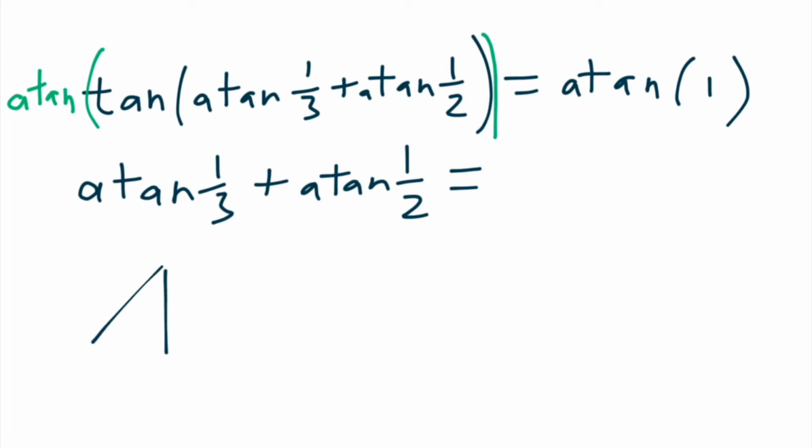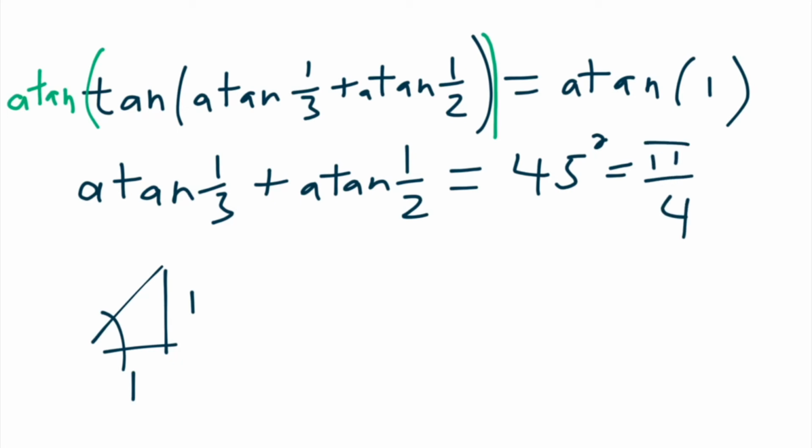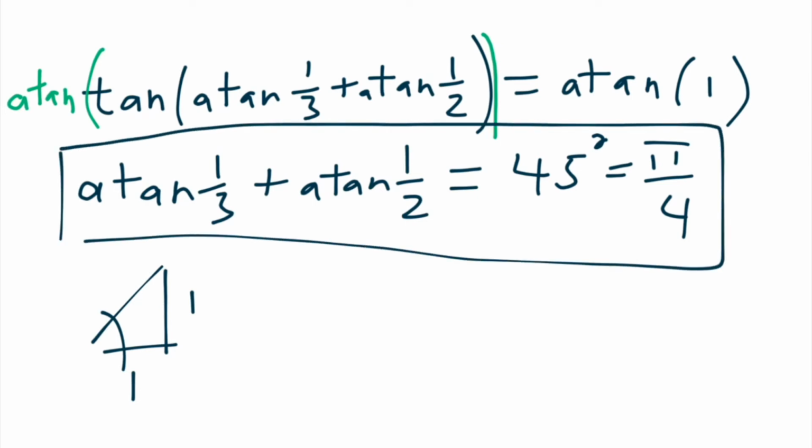You probably know from the unit circle already, 1 and 1, it's got to be 45 degrees. So arctangent of 1 has to be 45 degrees, or since our problem is in radians, you put the answer in radians, pi over 4. And with that, you're finished. This is exactly what we wrote before. That was the problem statement. It said to prove that. I've thrown in the 45 degrees just to add some clarification for you. But at that point, you're done.